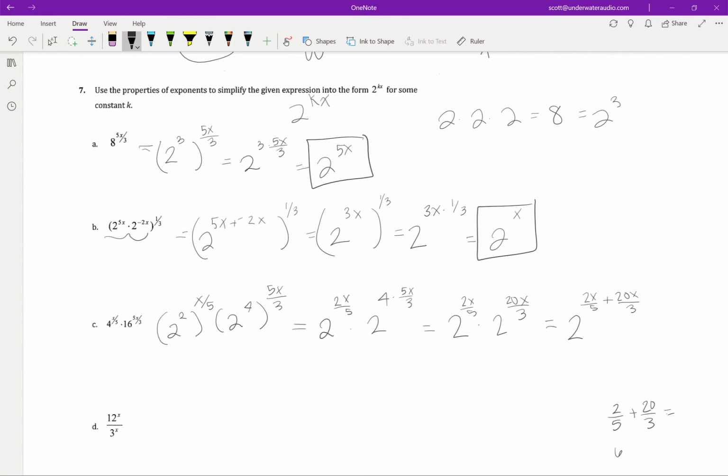So 6 over 15, and then 100 over 15. So 106 over 15. So that gives me 2 to the 106th over 15x. Phew.